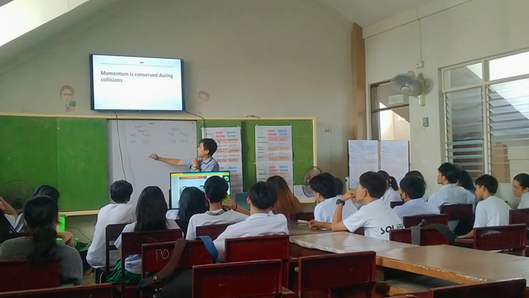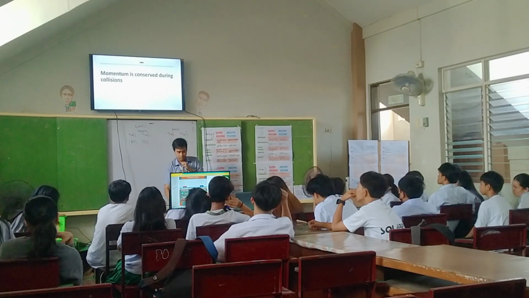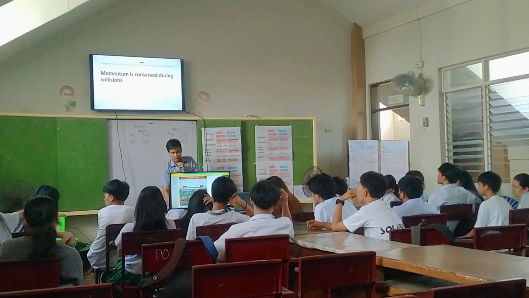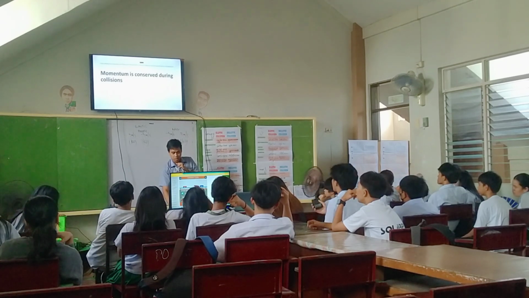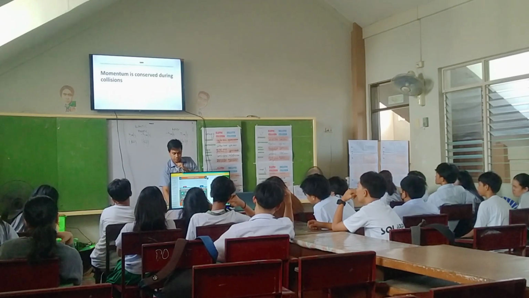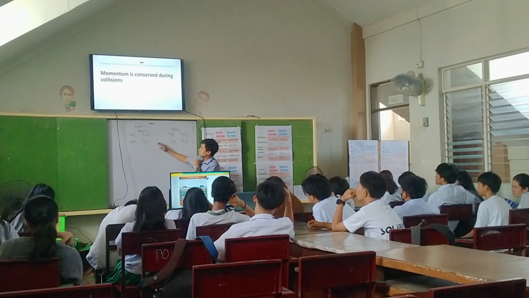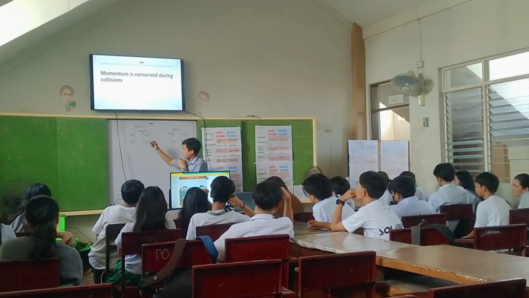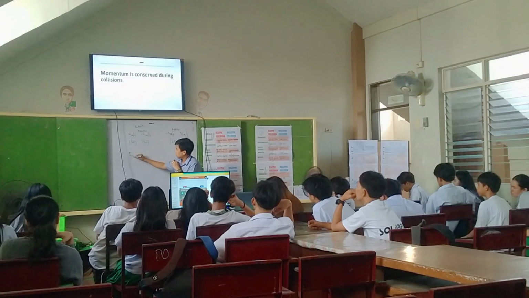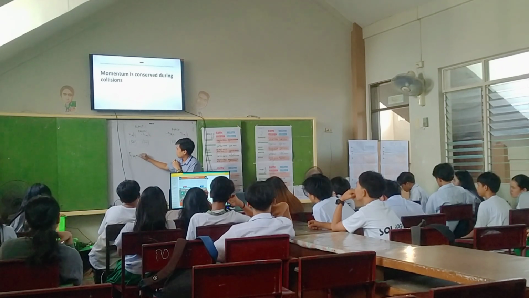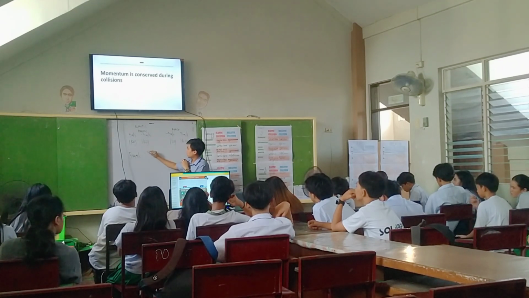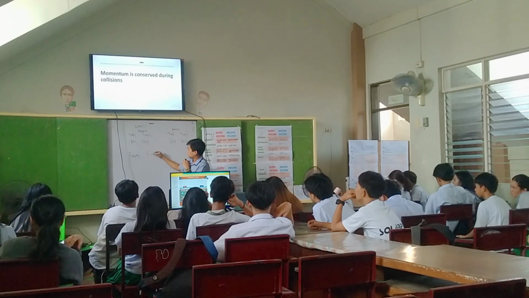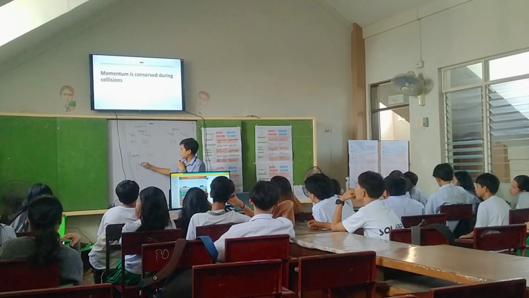Same given data, but now we are setting the simulation to inelastic collision. So the answer is 5 kilogram meter per second and negative 5 kilogram meter per second, so the total is 0.